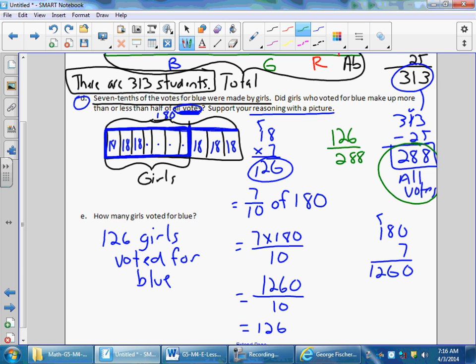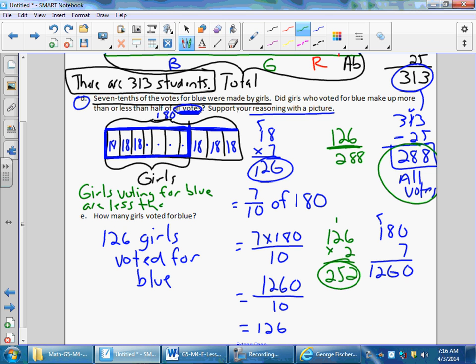I can divide to see if it's half, or I can multiply that by 2 to see that 126 is half of 252. So 126 is less than half of 288. Girls voting for blue are less than half.